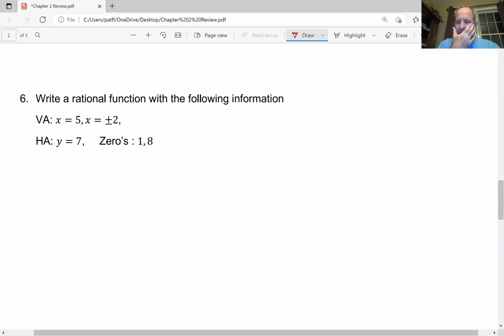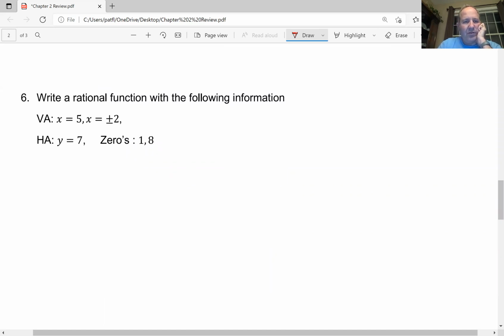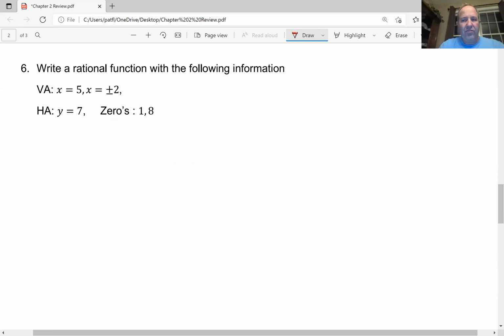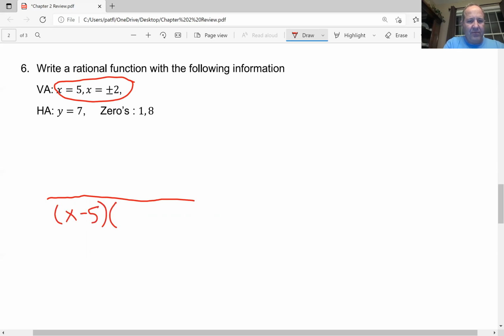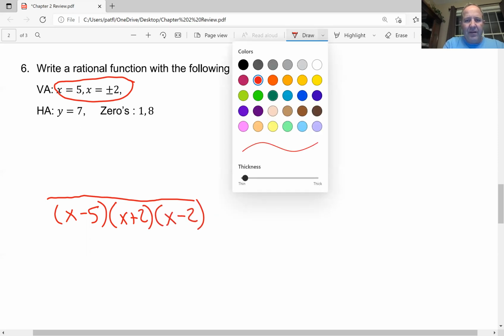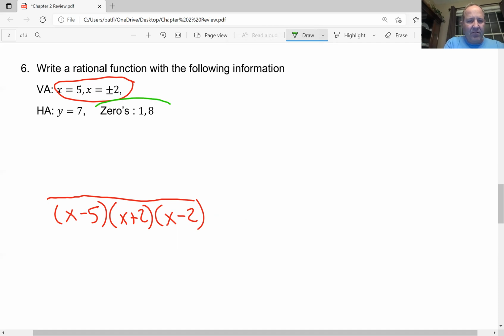Okay, here's our next one. Go ahead and pause, and then when you're done, unpause it so you can see how I did the question. All right, so the first thing I would do is I would take care of this vertical asymptote, right? The next thing I would take care of are the zeros.